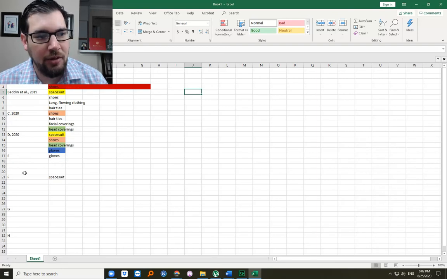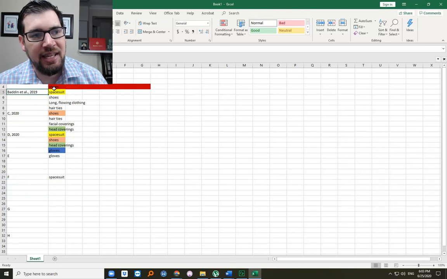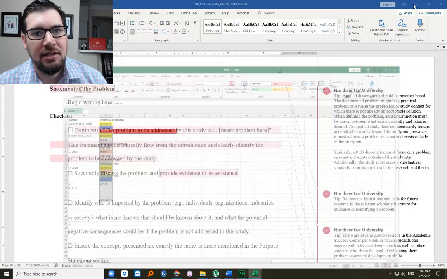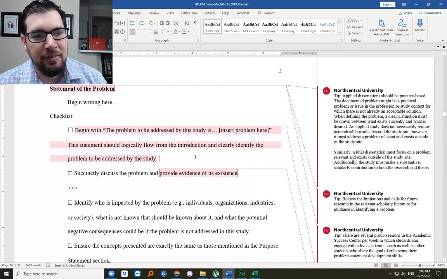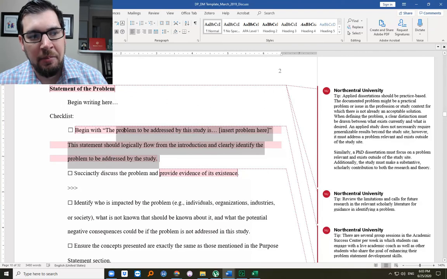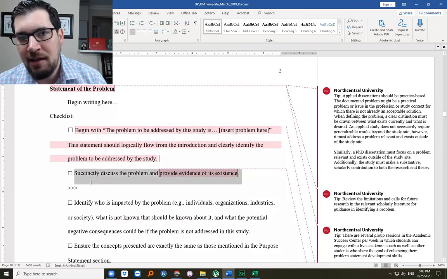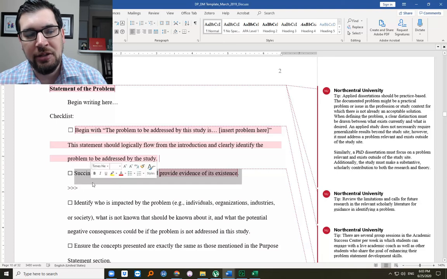Okay, so hopefully you're understanding that you want to make yourself a list and sort of keep up with the problems that keep showing up. And when you find a convergence of a problem, that is when you want to sort of make this statement. And you might modify this statement as you go, but you really want to start out here or even in a chapter 2, depending on what your chair allows.